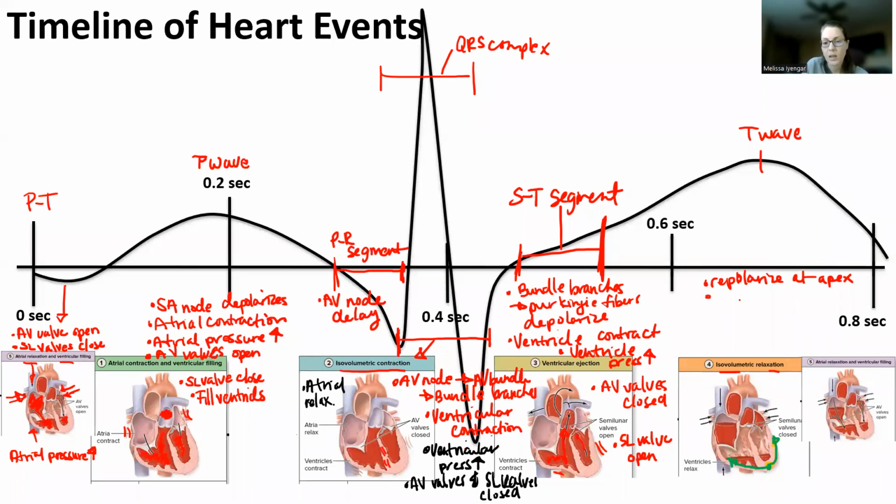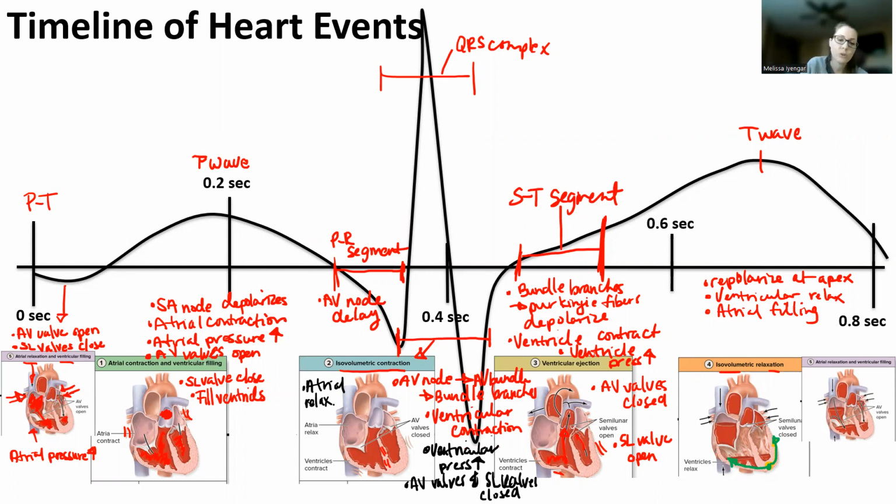And what we're going to see is I'm going to have isovolumetric relaxation, which is same volume of blood here in the ventricles, but really in the arteries as well. So I'm going to have ventricular relaxation and atrial filling. Okay. It's just kind of weird because they call this atrial relaxation, and then atrial relaxation and ventricular filling.